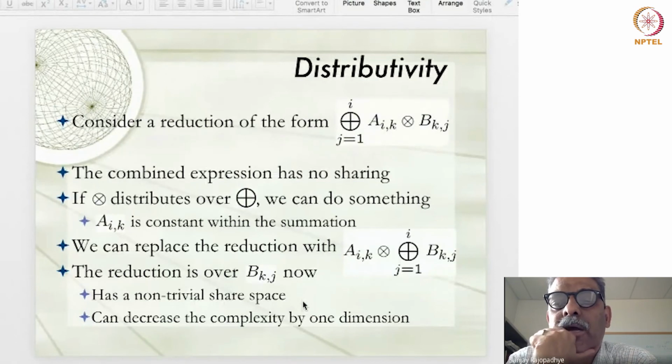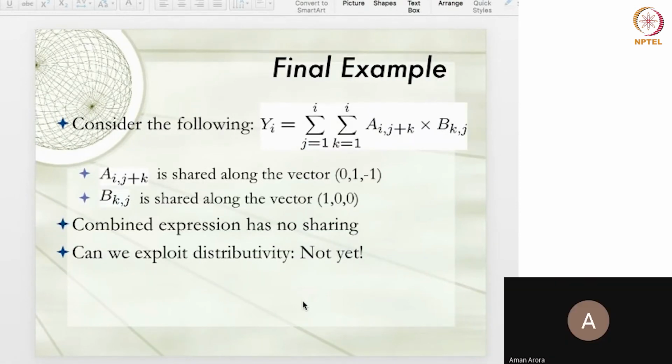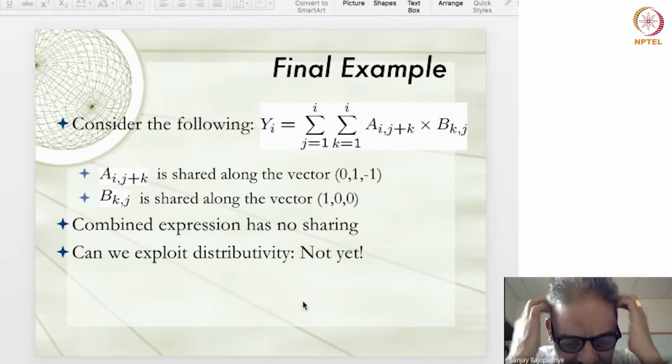So this was the kind of expression that we had, right? No, what I had was a double accumulation. This was the one. Yes. Okay, so let's just look at the different reads.